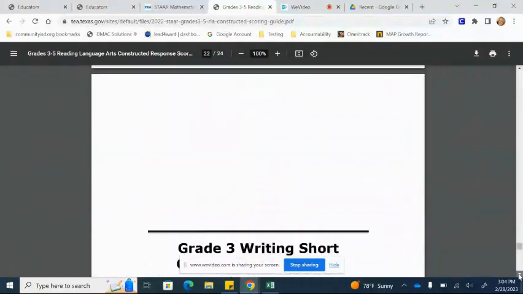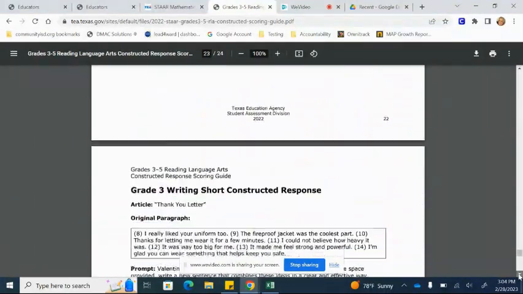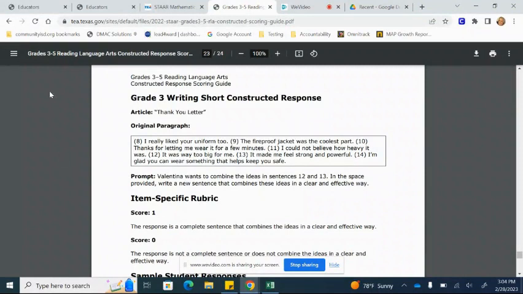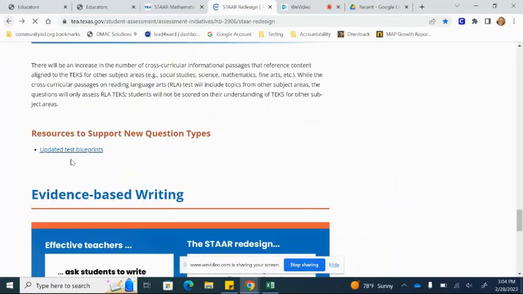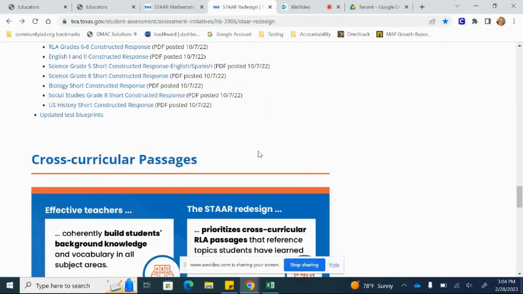But really great resources. Okay, so that goes on and on and on. If you are a science or a social studies teacher, you also have your short constructed response samples here that you can go in and look at, read through those, look at your exemplars, share those with your students.